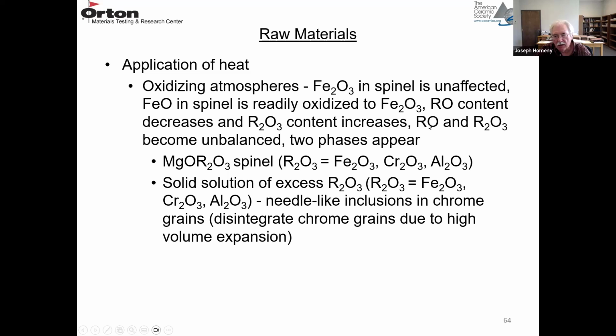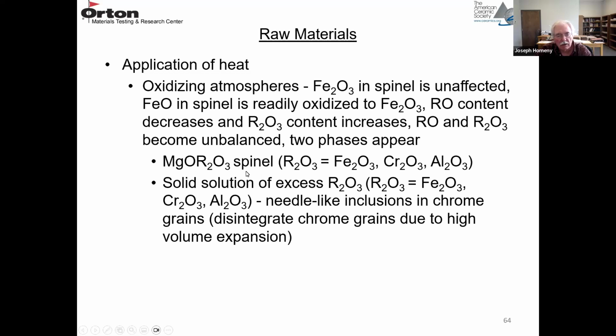So in the spinel, the RO and R2O3 become unbalanced and two other phases appear. So this spinel, MgO, R2O3, where R2O3 can be these three components, Fe2O3, Cr2O3, Al2O3, but we're really enriching this Fe2O3 content by oxidizing the FeO to Fe2O3.